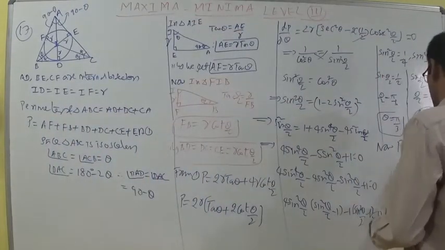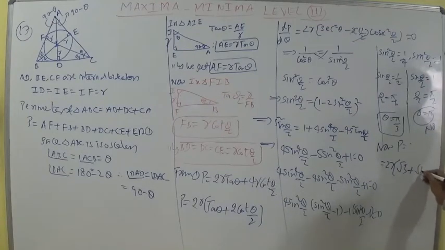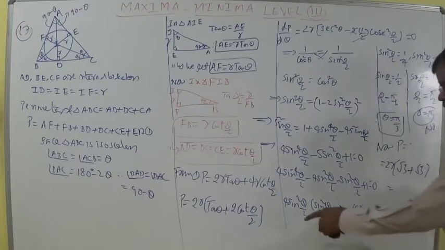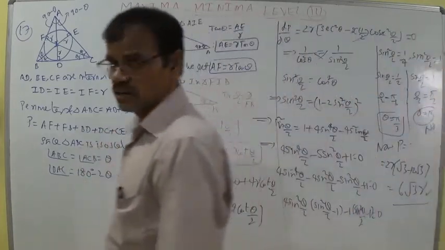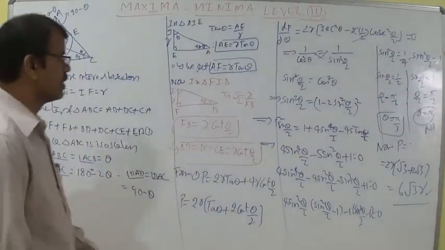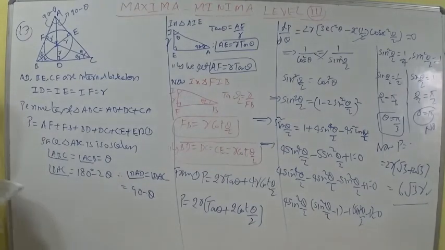Now P is equal to 2r into tan 30 value and cot 30 value √3. Adding, we get 3 √3 into 2, 6 √3 r. Observe this thing in standard books. This is a standard result. This is the proof. 6 √3 r is the answer of the 17th question.